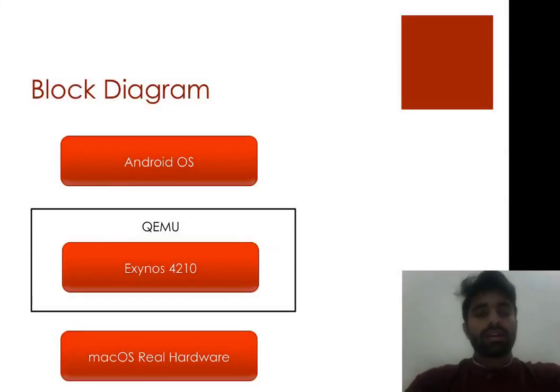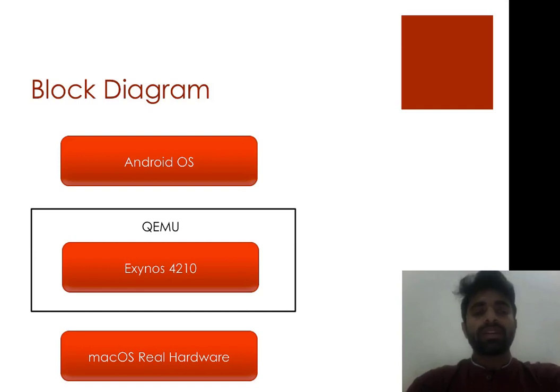The next block diagram is for the Android operating system, which we have in the ROM that we already downloaded, having the .md5 extension. It will communicate with QEMU, which is the emulating platform.